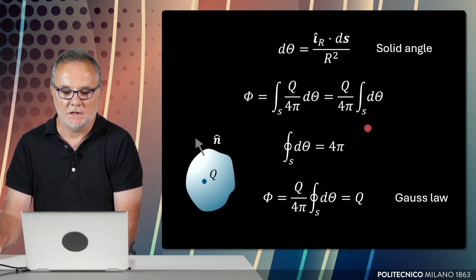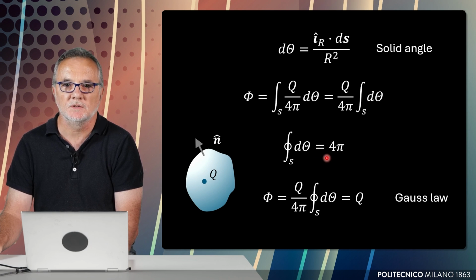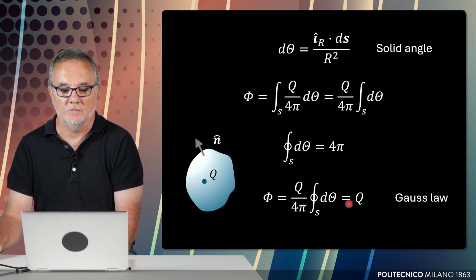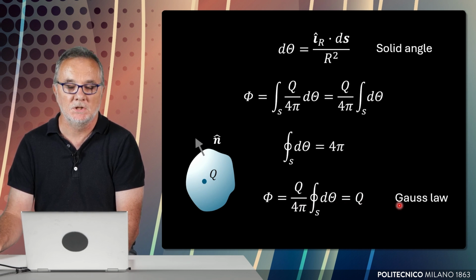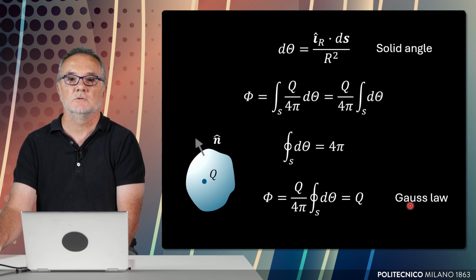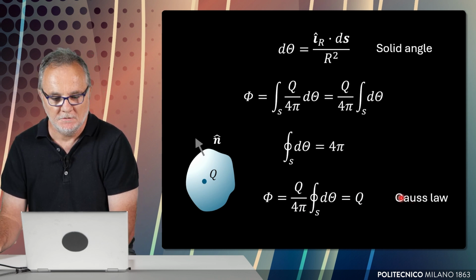Now, this total integral, if the surface is closed, is 4 pi. So the total flux of D through a closed surface that encloses the charge Q equals the value of the charge itself. This is Gauss' law. And for this reason, we call D flux density.